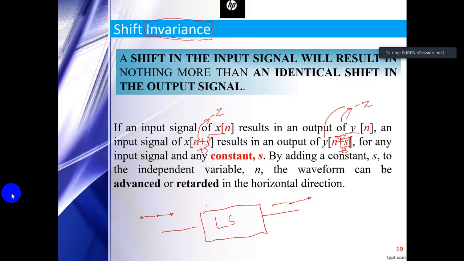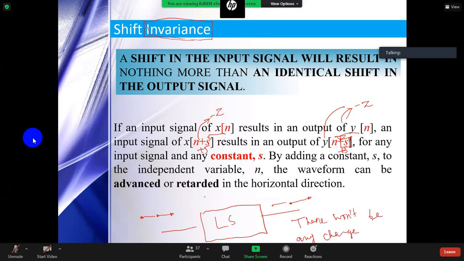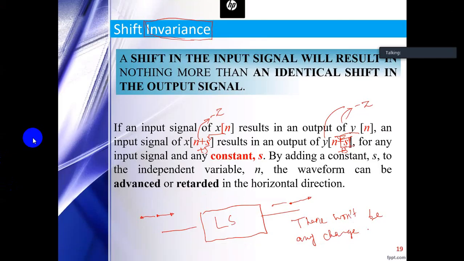That means due to the shifting, there won't be any change in amplitude. That is important.